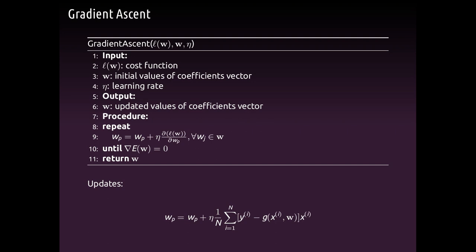You can also use it the other way around. You can also maximize the cost function using the typical algorithm, but in this case we call it gradient ascent because we are trying to maximize the cost function, not minimize it.